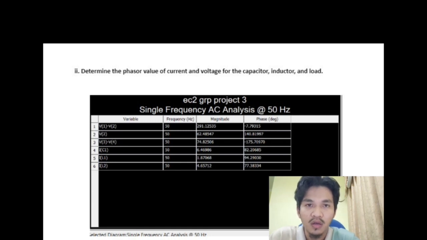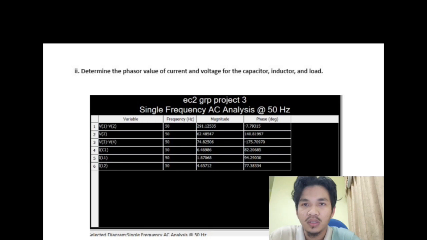74.825 volt with negative 175.709 degree, and 1.870 ampere with 98.29 degree.